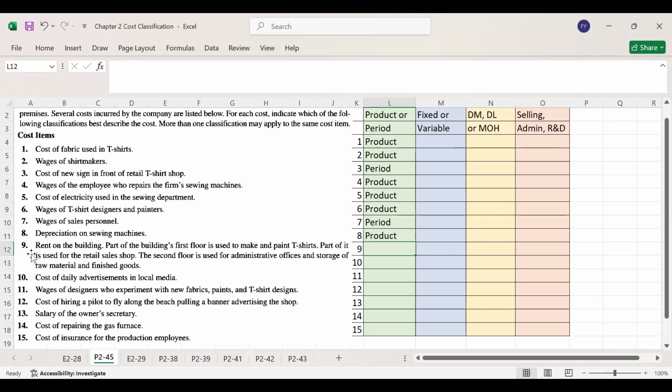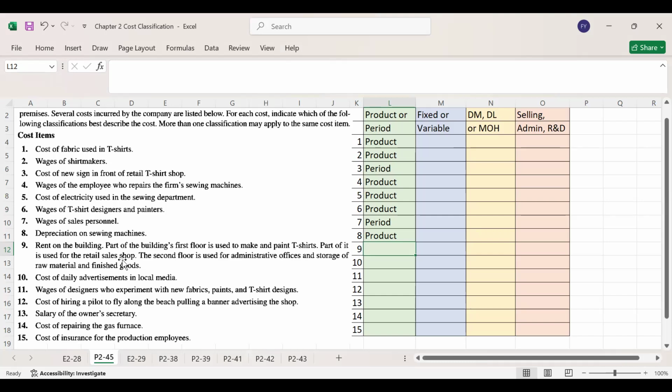The next is rent on the building. The part of the building on the first floor is used to make and paint t-shirts, so one part is used for producing the main product. Another part is used for the retail sales shop.